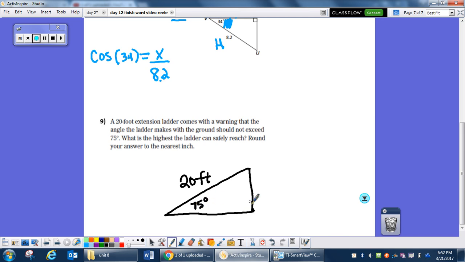What is the highest the ladder can reach safely? So basically we need to find that side length. So that gives us opposite over hypotenuse. So sine of 75 equals x over 20.